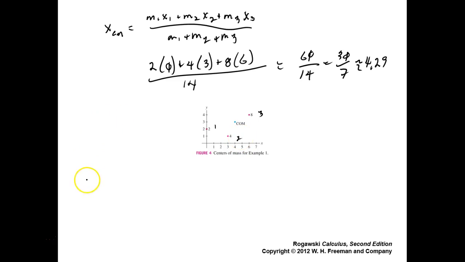So let's do the y center of mass. Y coordinate of the center of mass. And that would be M1 Y1 plus M2 Y2 plus M3 Y3. To me, that's the way, that makes sense, over total mass, 14. That hasn't changed. So why reinvent the wheel? Use it. That's still 14. What's the numerator here?